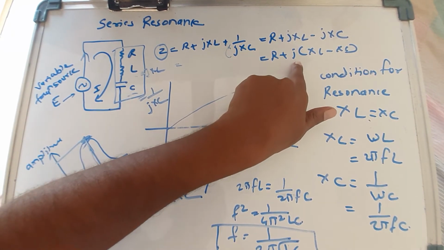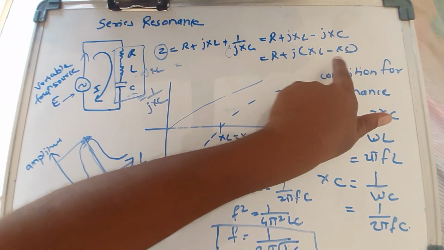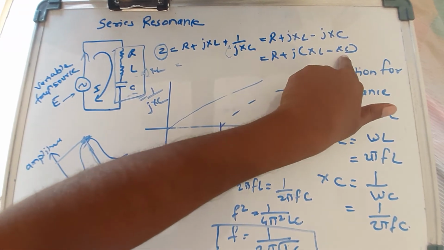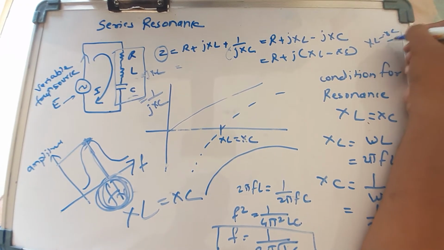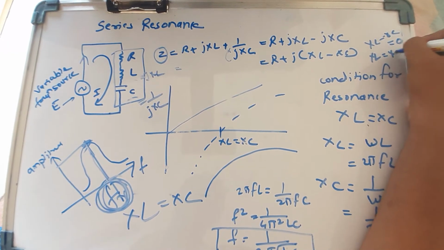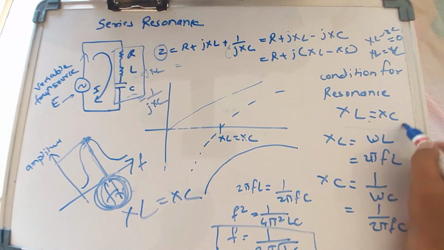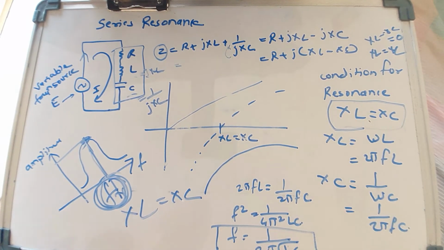So j taken common, XL minus XC. So the condition for resonance is XL minus XC equals 0, so XL equals XC. This is the condition for resonance.